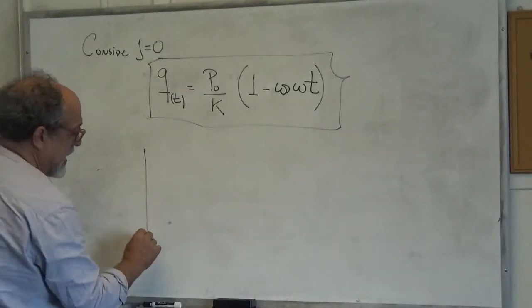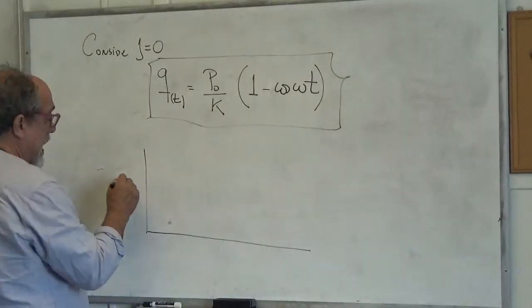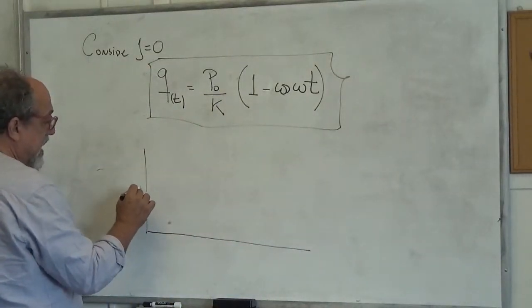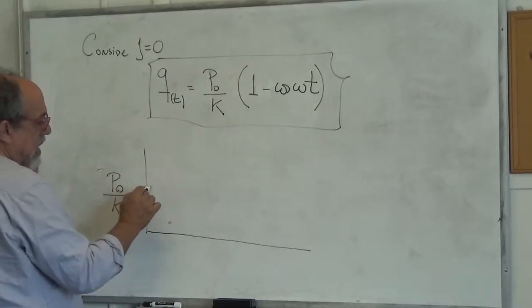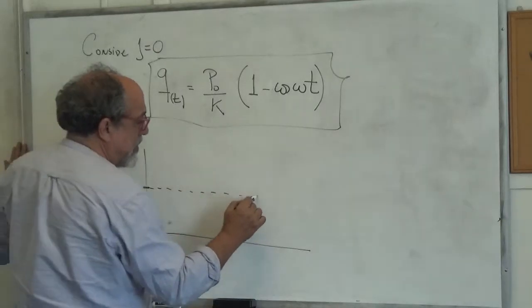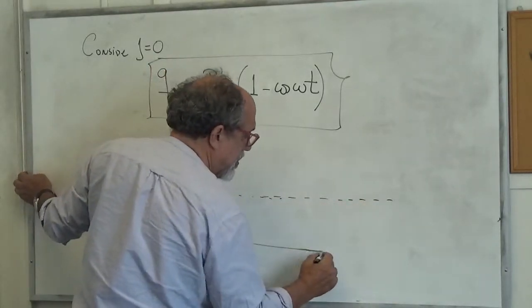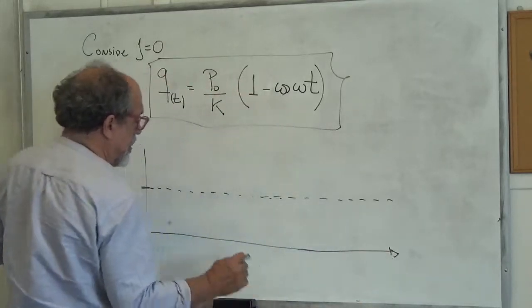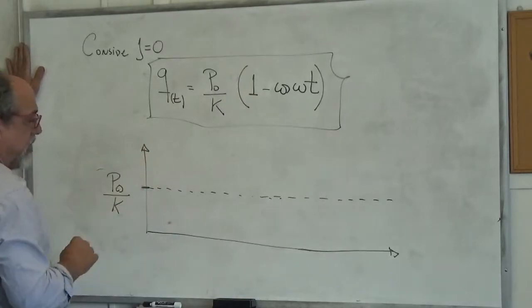So the system is like this, right? You have a load P0, and P0 over K is here. If the problem was a static problem, we would say if I apply a load to the structure it deforms P0 over K, of a single degree of freedom, of course.